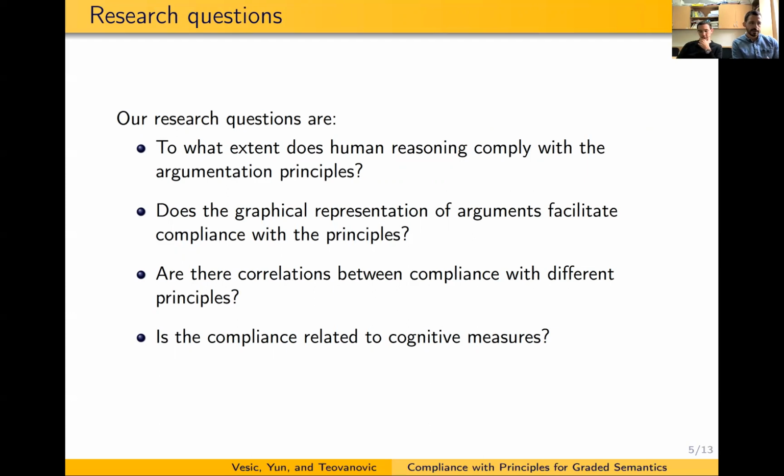And also whether people who are more prone to comply with one principle are also more prone to comply with the other principles, and if those correlations are different in the two groups, graph group and no graph group. We also included some cognitive measures to relate them to these compliances with the different principles.